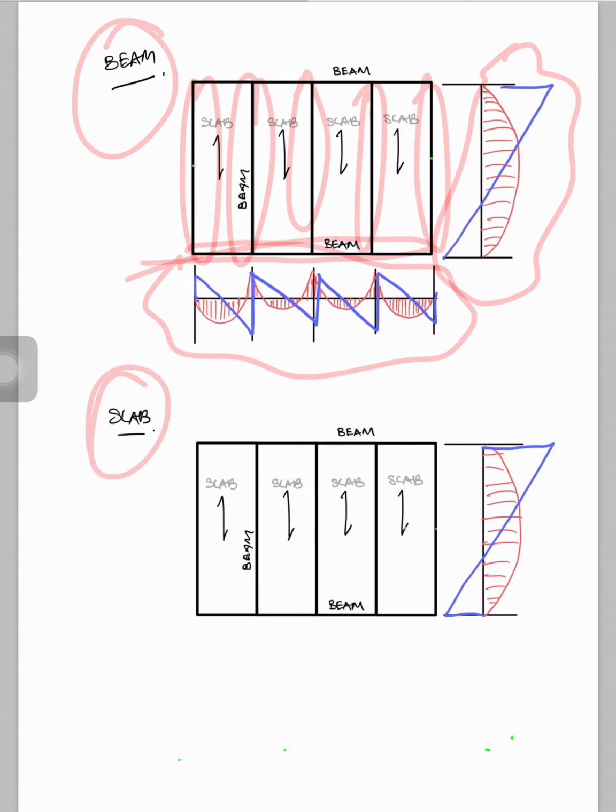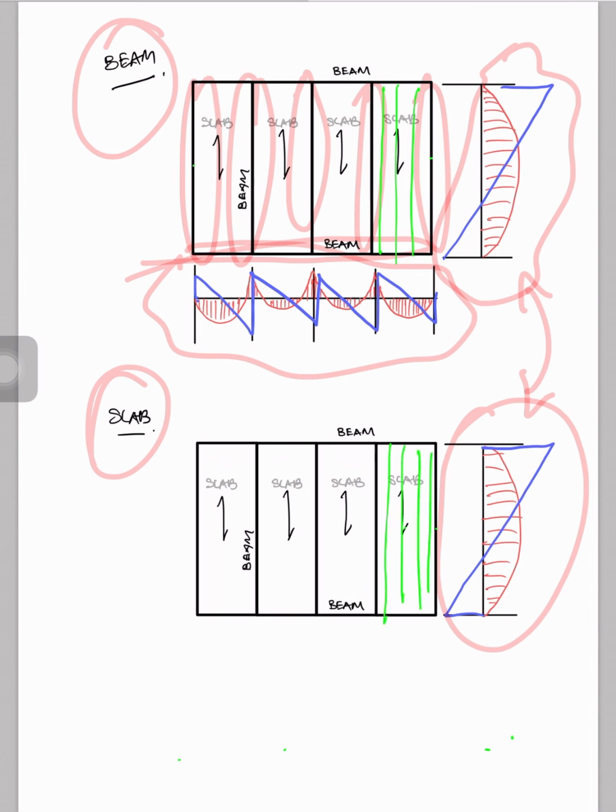Similarly for the slab, of the same arrangement as above, the shear force and bending moment would be like this. So you can see similarities between the beam and slab, which is this and this. You must understand, I'll use a green color highlight, that the main reinforcement for the slab spans this way. This is just the same as above, and the secondary reinforcement spans this way.